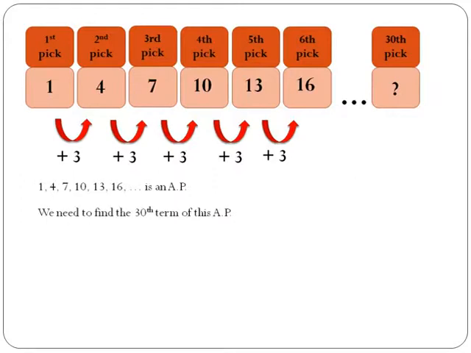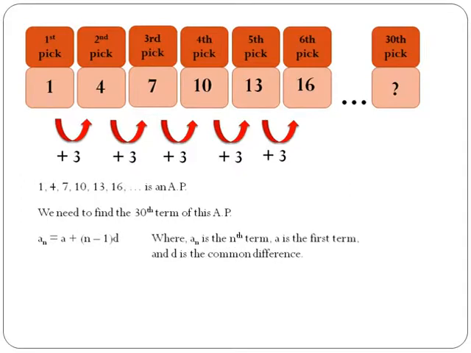That is, if you know that you have an AP and you want to find, let's say, the 30th term of it, you can do so. The formula is given by a_n is equal to a plus (n minus 1) times d, where a is the first term of the AP, a_n is the nth term of the AP, and d is the common difference.